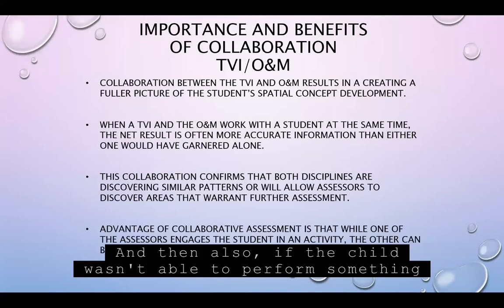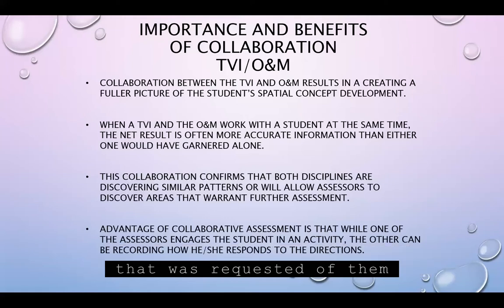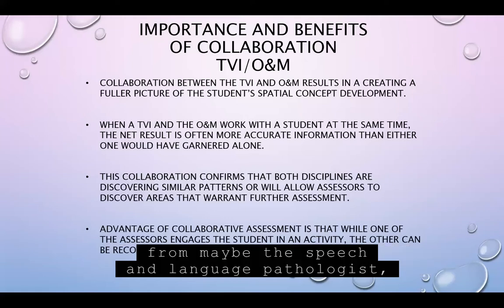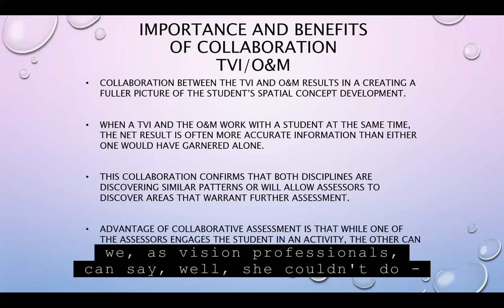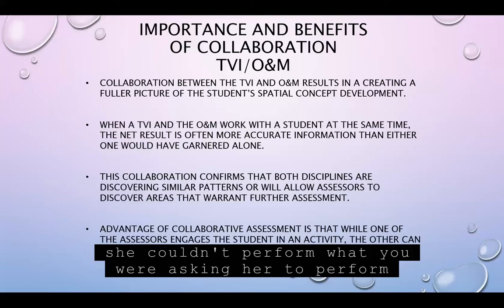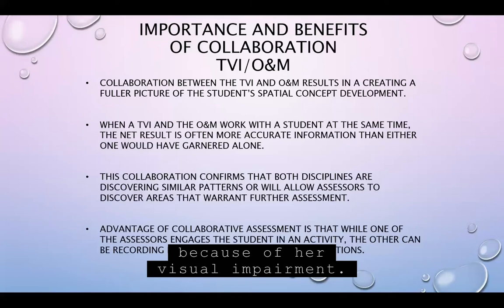And then we'll also, if the child wasn't able to perform something that was requested of them from maybe the speech and language pathologist or from an OT or any other member of the team, we as vision professionals can say, well, she couldn't perform what you were asking her to perform because of her visual impairment.